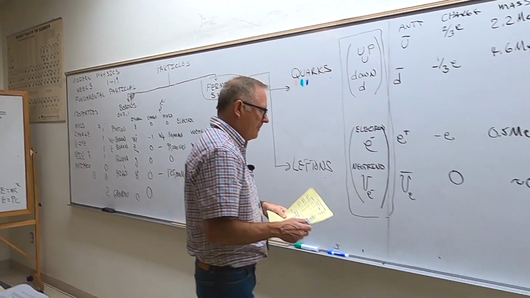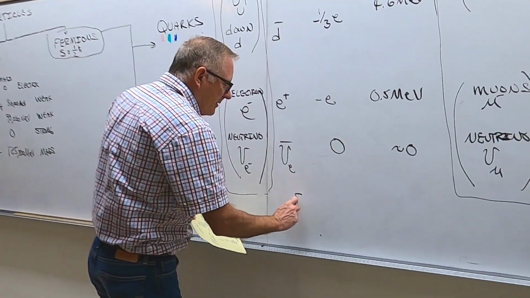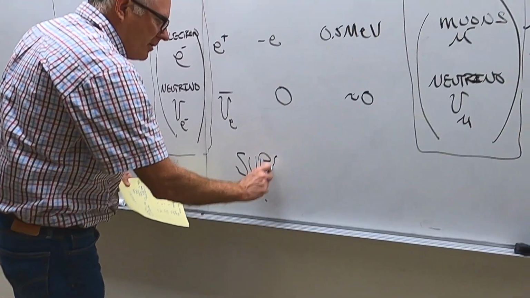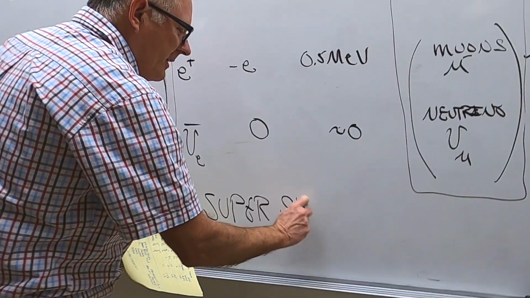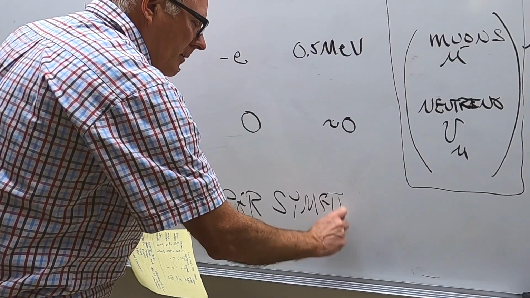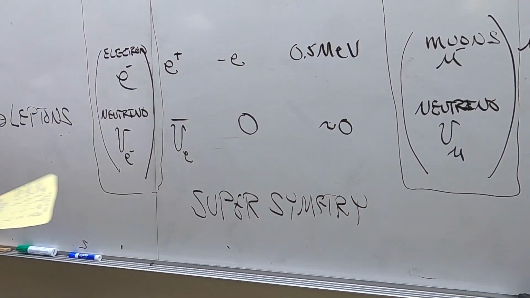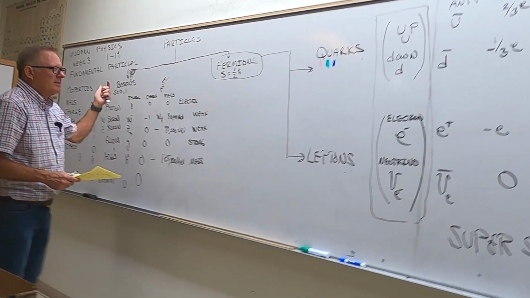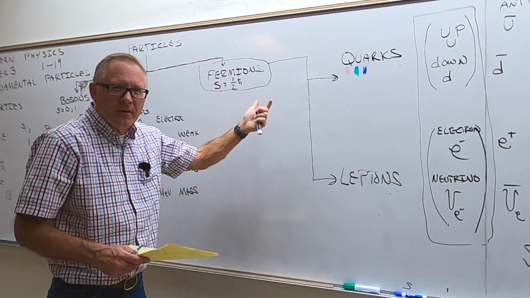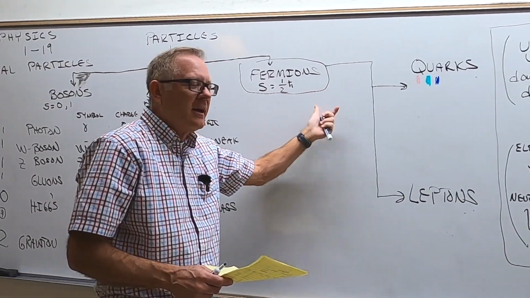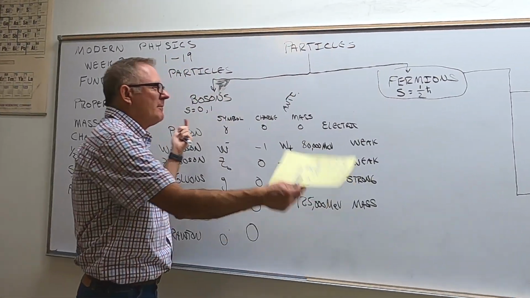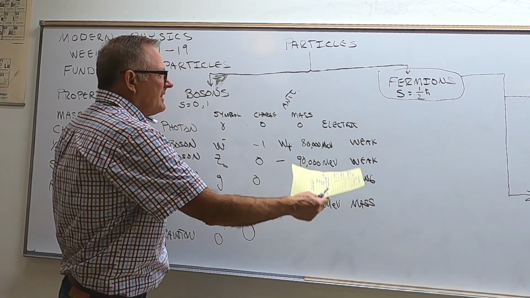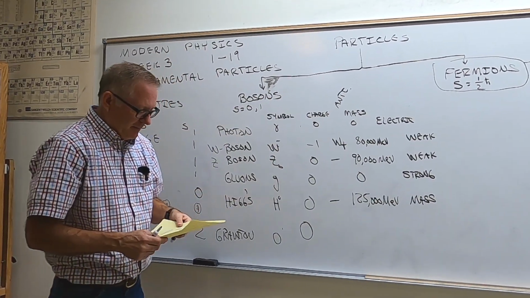But one of the things they expect is something called supersymmetry. That means for every boson, there's an equal and opposite fermion, and for every fermion, there's an equal and opposite boson, so that this really becomes quite symmetric.